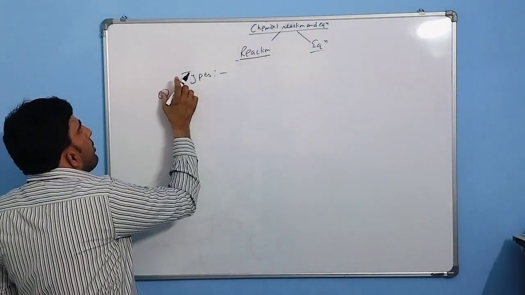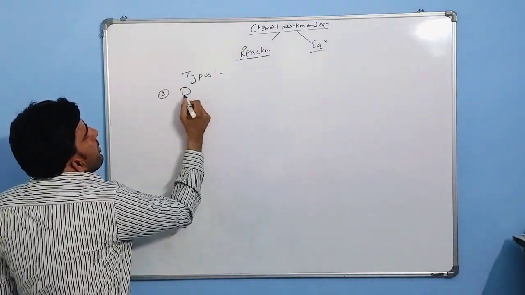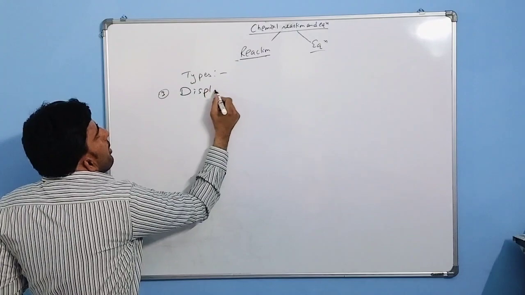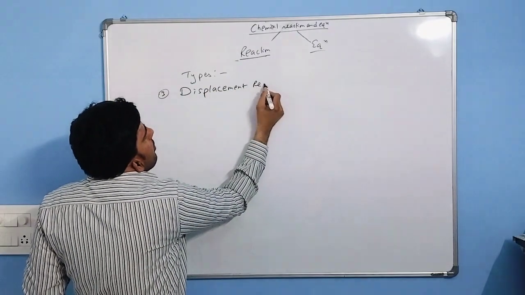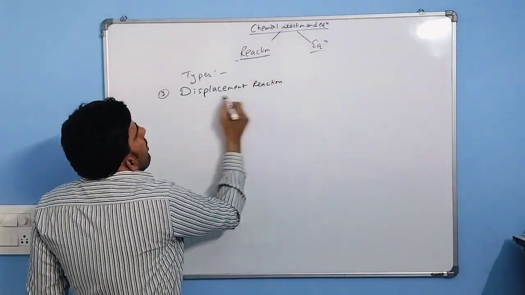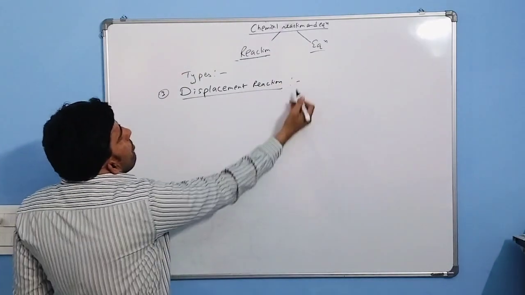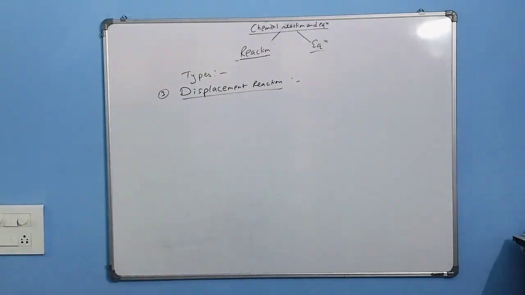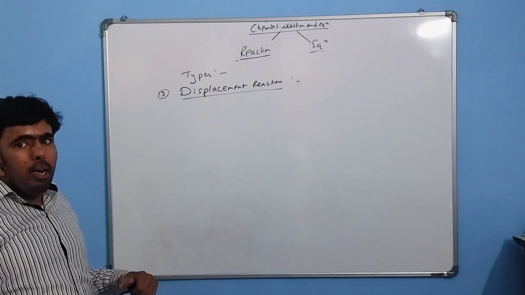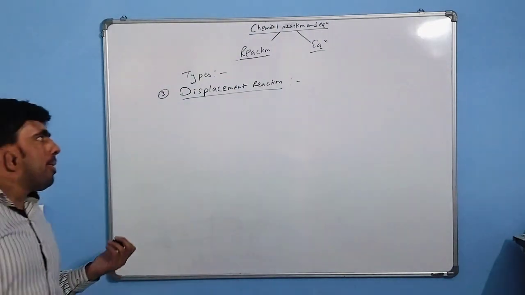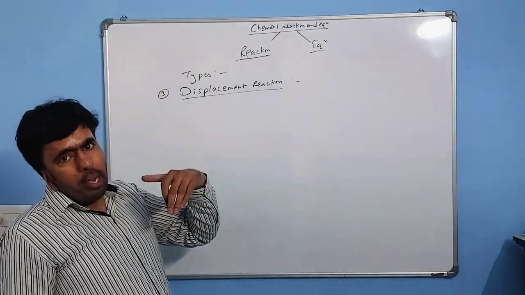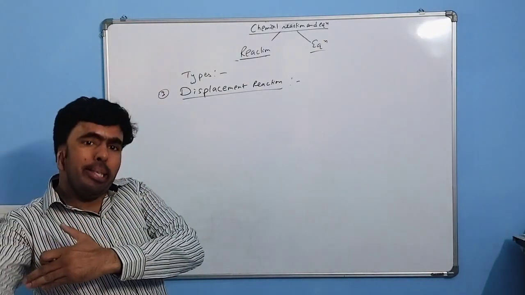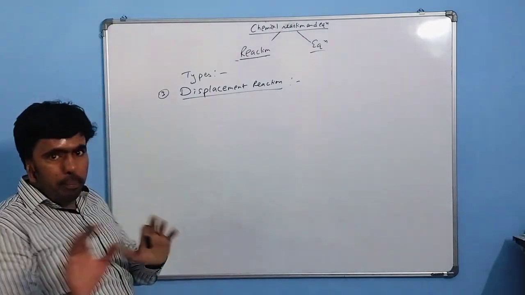For example, now I am taking the third type of reaction, called displacement reaction. Now, what is displacement reaction? Displacement reaction is when a highly reactive metal reacts with a less active metal, it will displace it. How? We can see from the example.